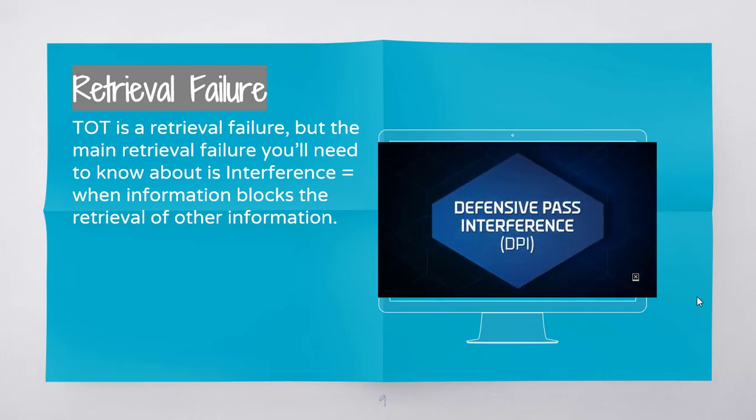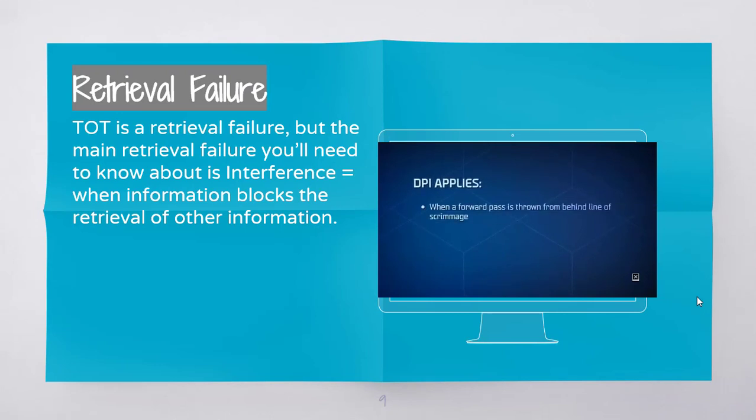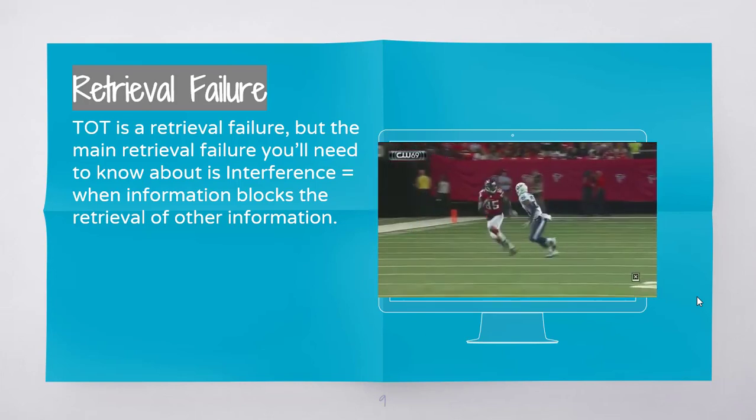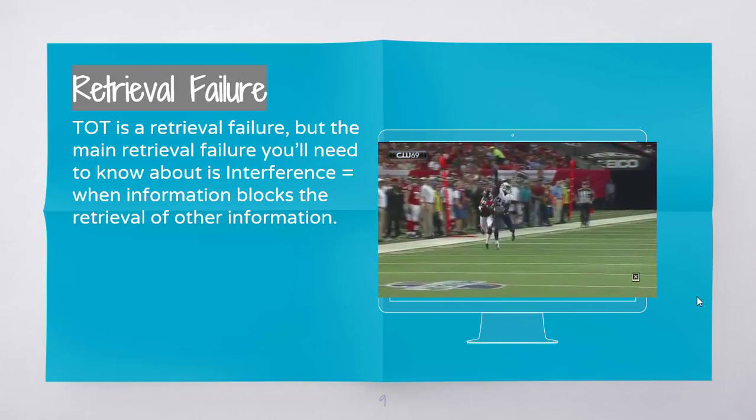Pass interference is any act by a player more than 1 yard beyond the line of scrimmage that significantly hinders an eligible player's opportunity to catch the ball. Pass interference can only occur when a forward pass is thrown from behind the line of scrimmage, regardless of whether the pass is legal or illegal, or whether it crosses the line. Defensive pass interference rules apply from the time the ball is thrown until the ball is touched. The following actions will result in a foul for defensive pass interference. Contact by a player who is not playing the ball that restricts the opponent's opportunity to make the catch.